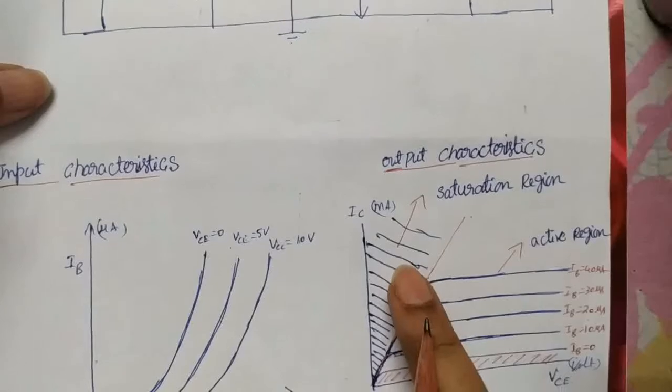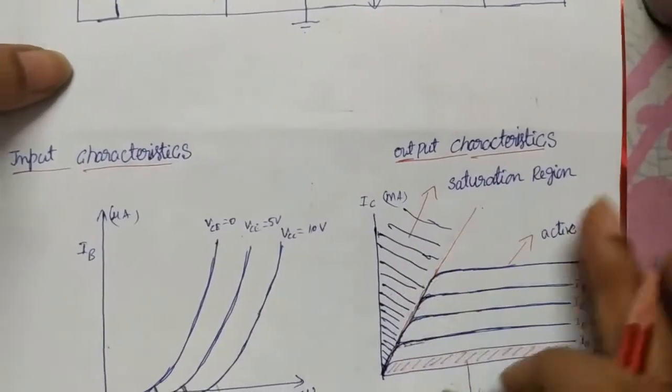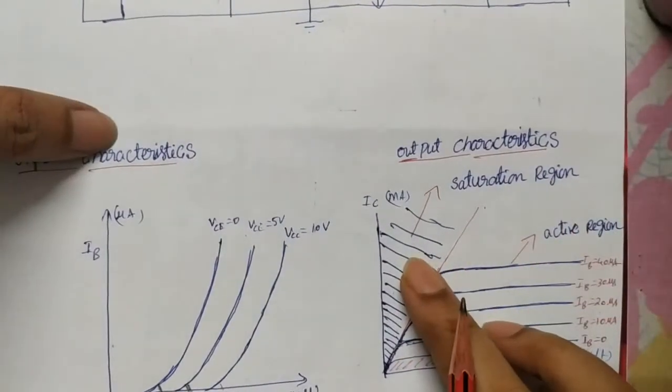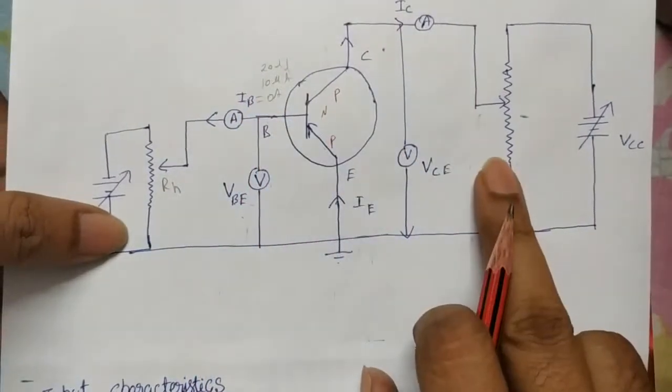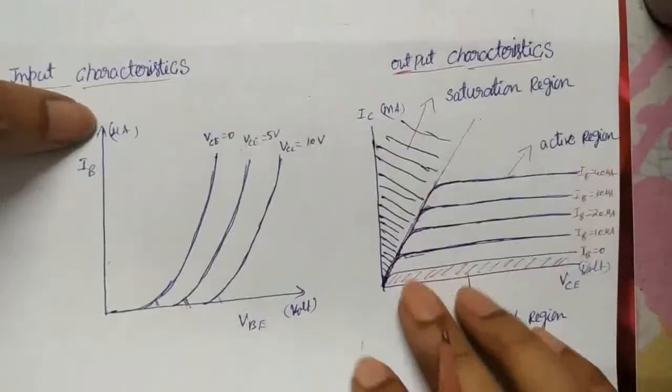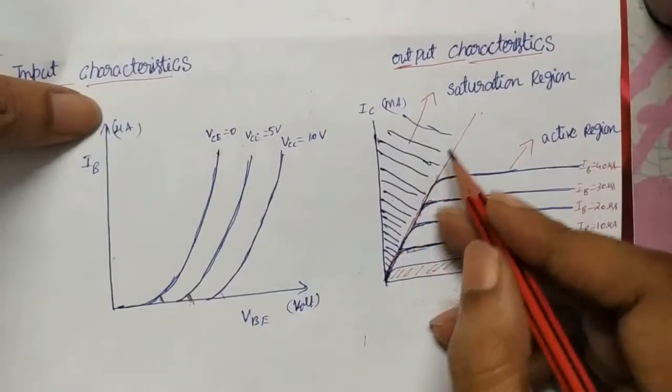The other one is the saturated region. In this region you can adjust the input current or the output voltage, but it is impossible to change the current in this region. That's what we call the saturated region.